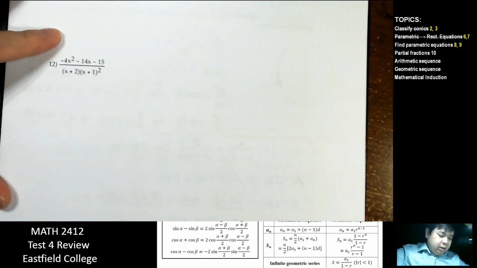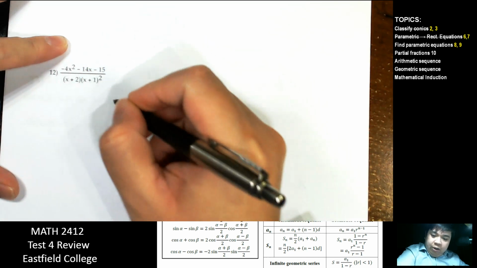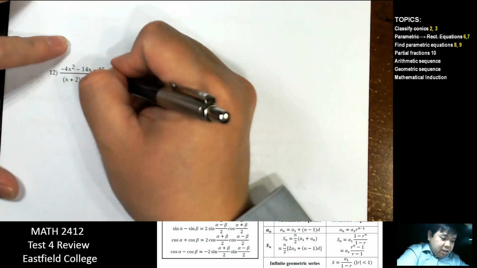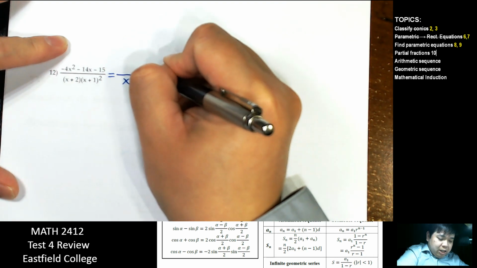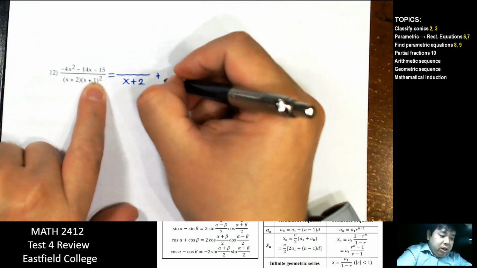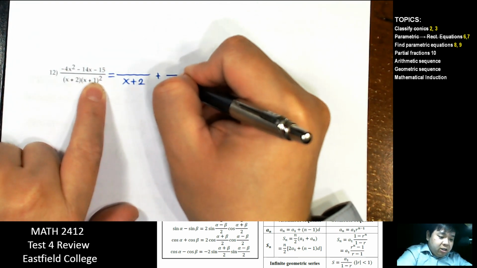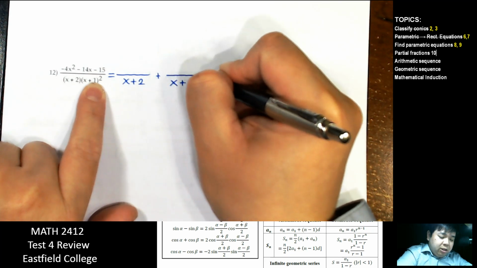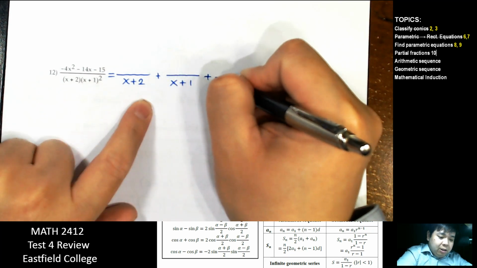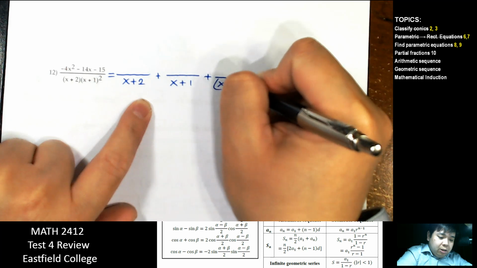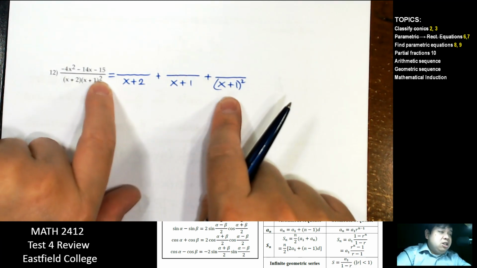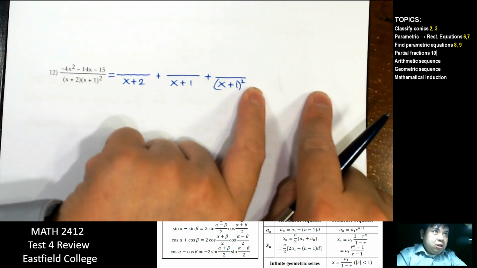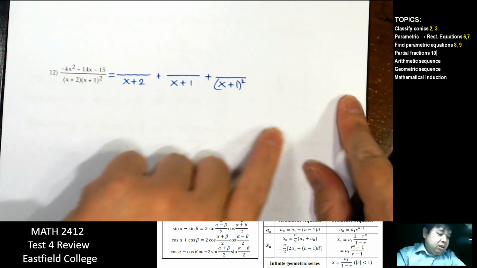Right, for 12. The difference in this problem is that we have the (x plus 1) squared, meaning that we have the repeated factor. If it is repeated, we have to increase the power from 1 to 2. If this is a cube, we're going to have one more, (x plus 1) cubed, and then higher power.